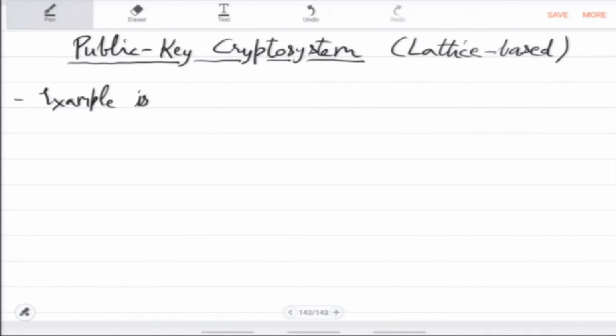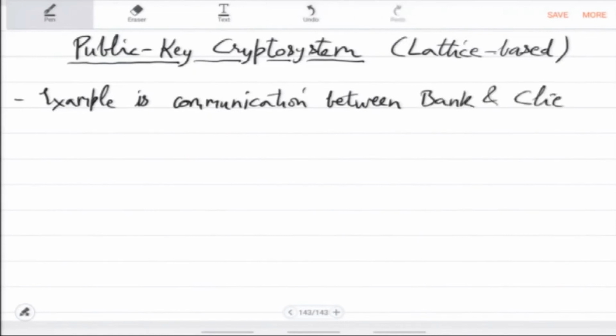The example is communication between bank and client, and obviously it should be secure communication.